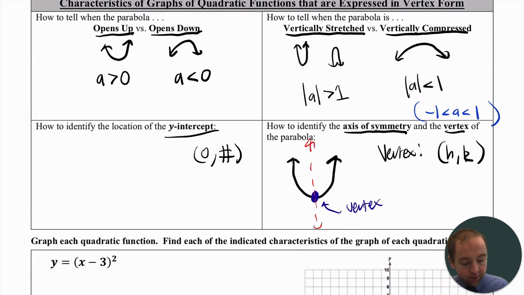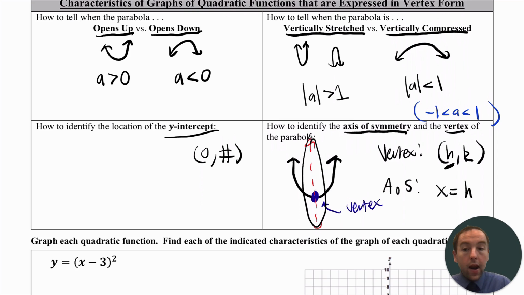And then for the axis of symmetry, it's going to correspond to the same x value as your vertex, which means this same h number is what it crosses through. Now, because an axis of symmetry is a vertical line, its equation is just x equals whatever number h is.